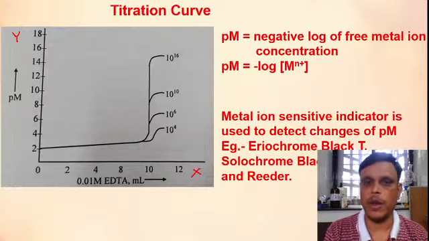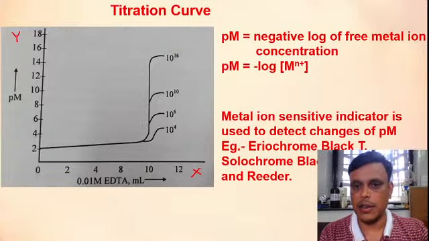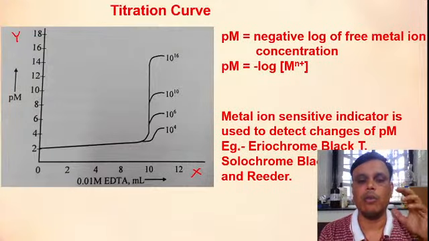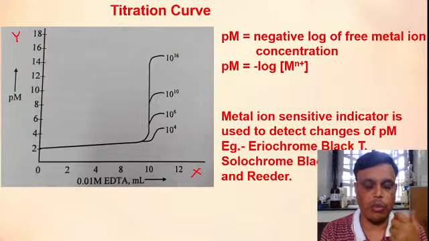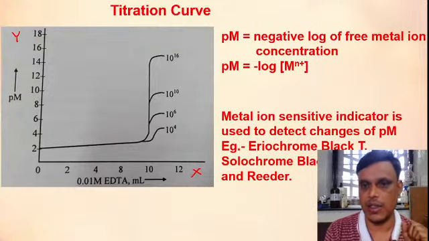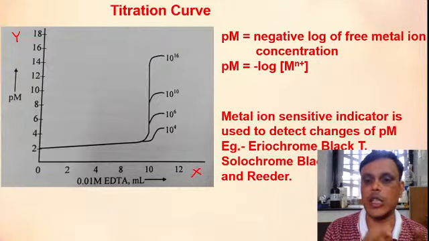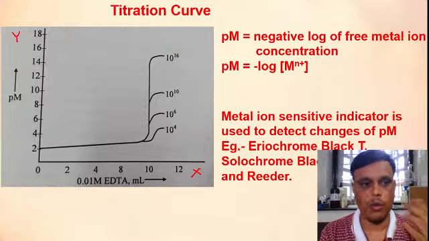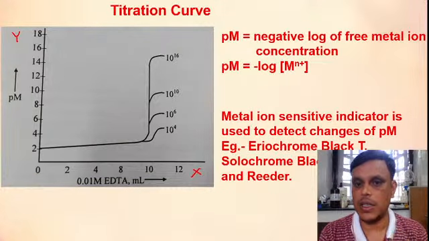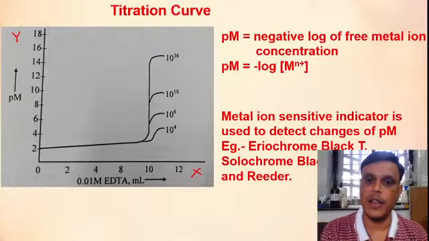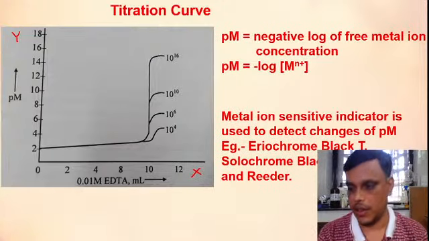Because whatever neutralization titration indicators we use, their working is based on change in pH, or change in H plus ion concentration. But here there is no change in H plus ion concentration. So here metal ion sensitive indicators are used.